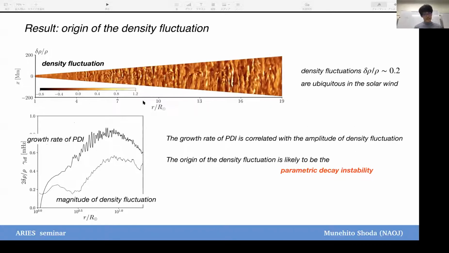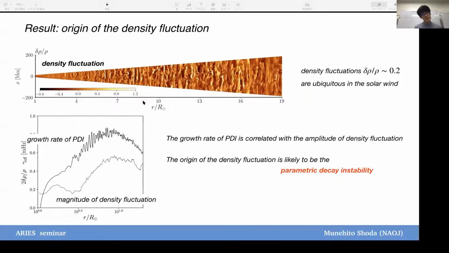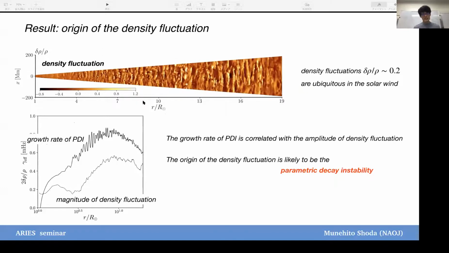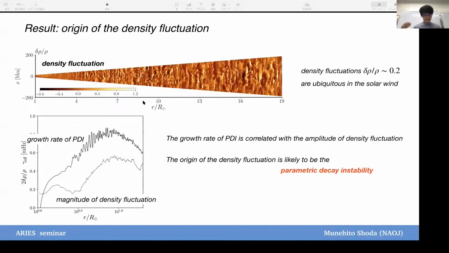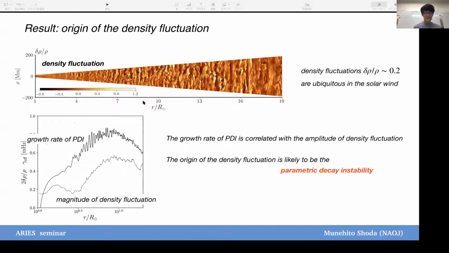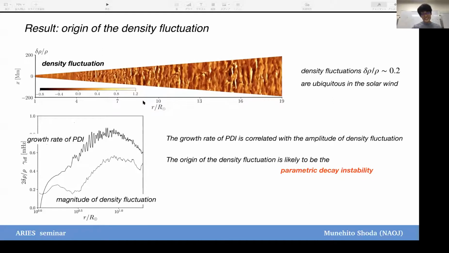It's totally different. And according to the recent Parker Solar Probe observation, we have not observed such a large density fluctuation. So that is a difference. But our model is an extension of Suzuki and Inutsuka, so we approach the real solar wind.